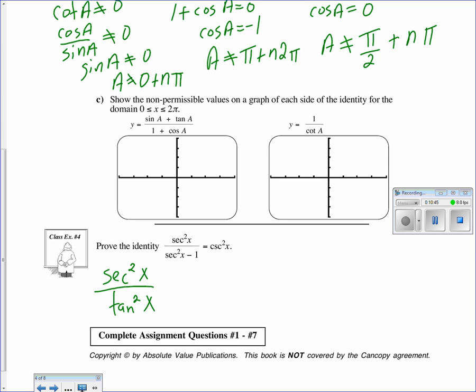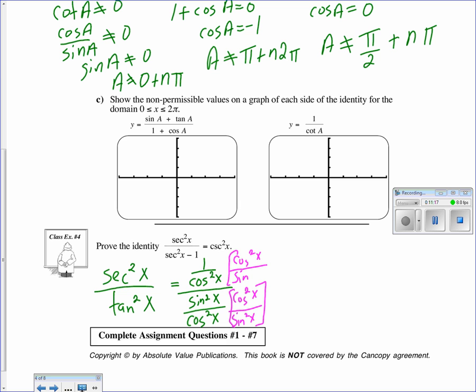And now my only option is to convert to sines and cosines. So secant squared is 1 over cosine squared x, and tan squared is sine squared x over cosine squared x. And taking a look at multiplying by the reciprocal, cos squared x, sine squared x, cos squared x.